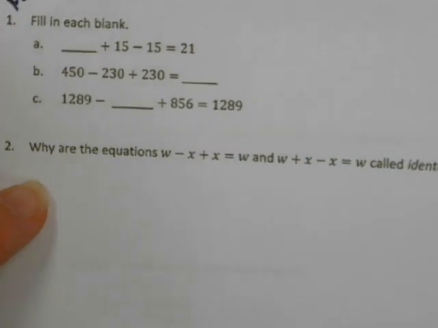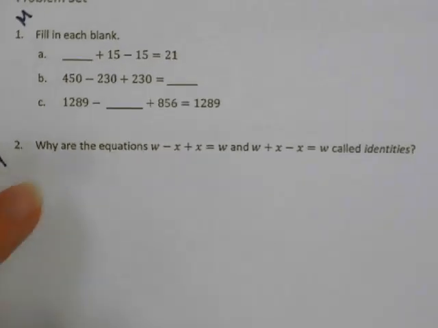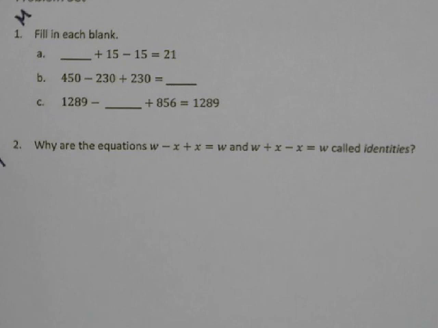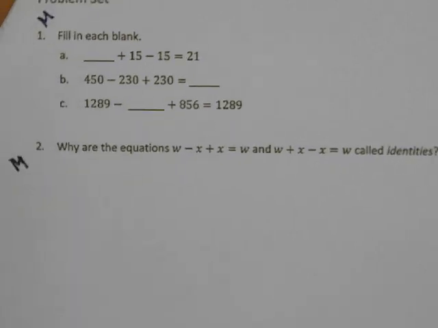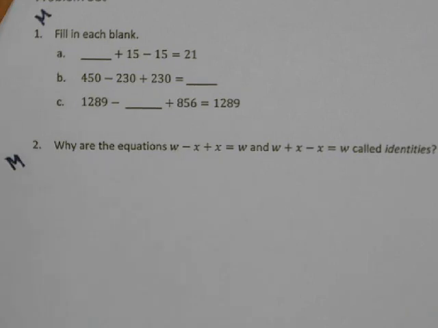The question says, why are the equations W minus X plus X equals W and W plus X minus X equals W called identities? You might want to look back in your notes because we kind of answered that in there and talked about what an identity was. So 1 and 2 of the Lesson 1 problem set are both must-dos. You should have that with you.